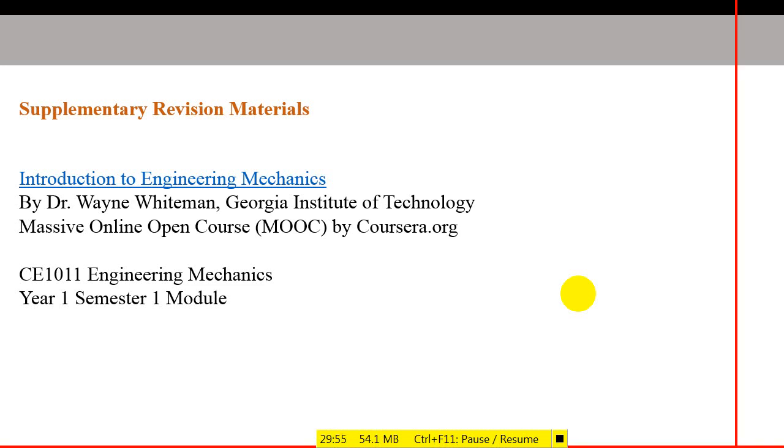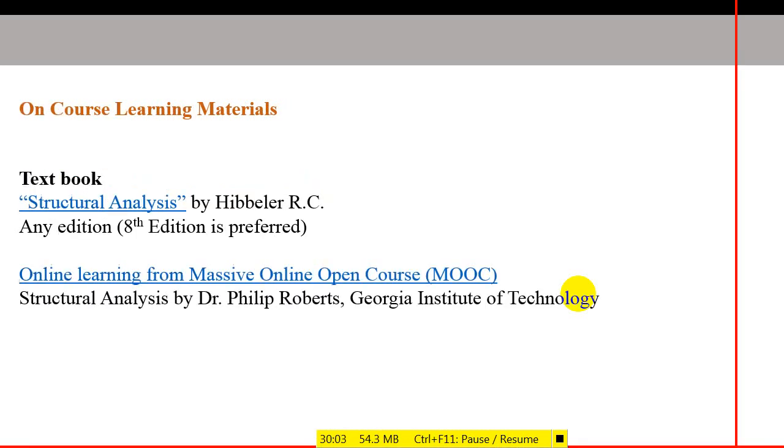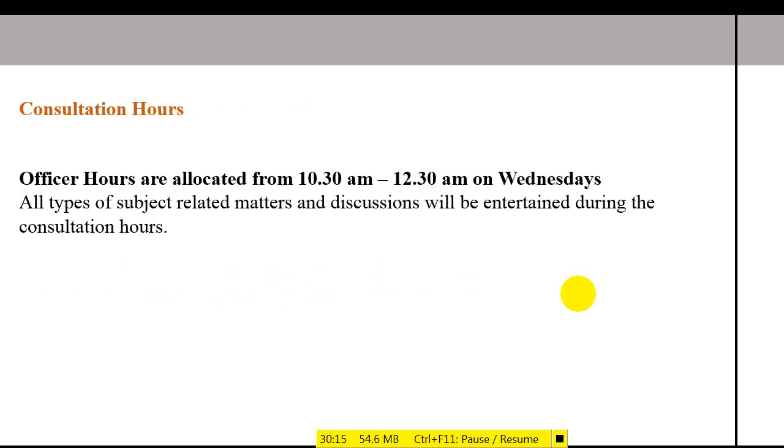That is pretty much a revision of the engineering mechanics that we have learned last semester. Okay, and also you can see the textbook for reading as well.